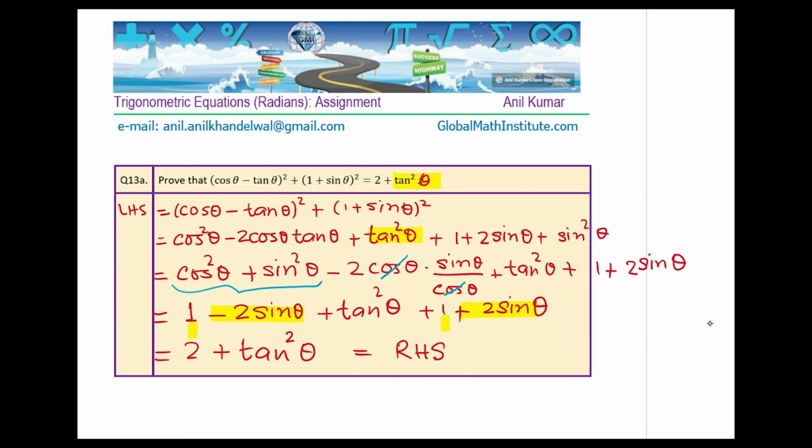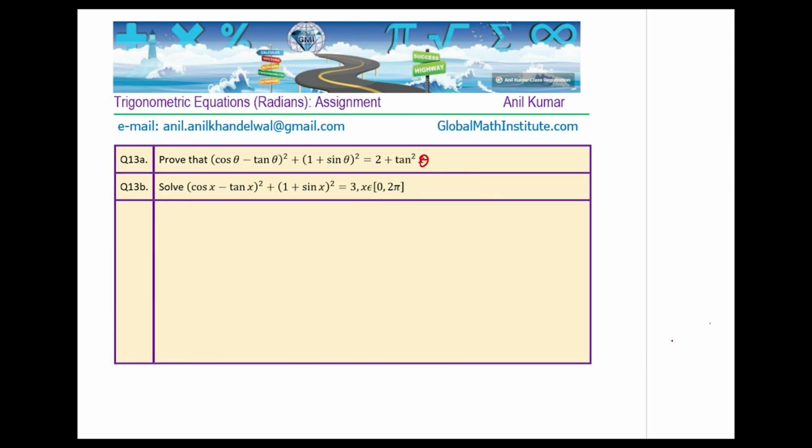So, have a good look at it. It's a very important question. So, I hope you now get the solution. Now, let's move on to part B. We have already shown that this expression on the left is equal to 2 plus tan square theta. The question here now is solve (cos x minus tan x) whole square plus (1 plus sin x) whole square equals to 3.